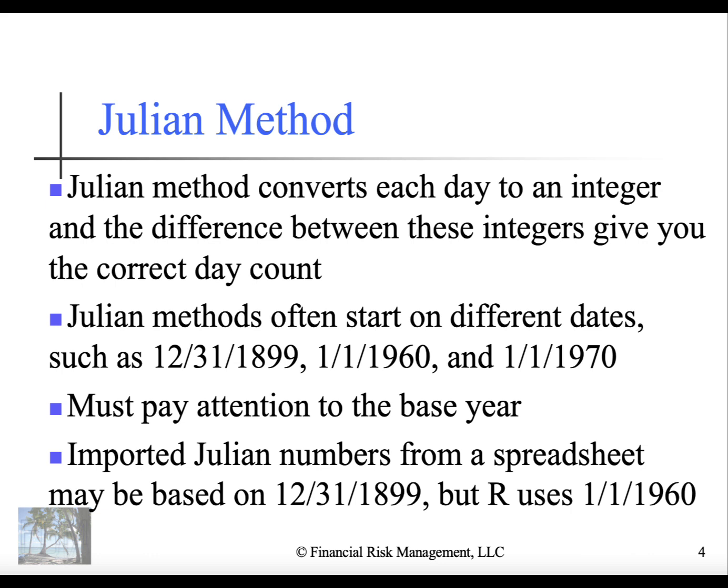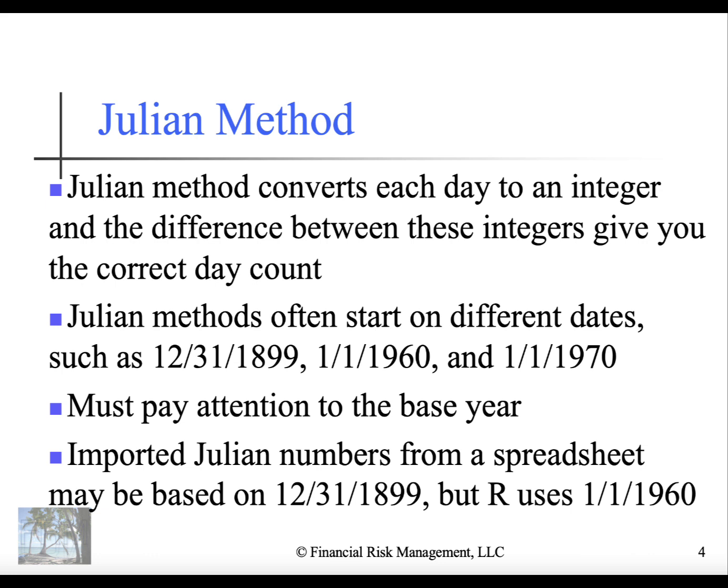At least some versions of them assume the 0 day is December 31st, 1899. Different R packages will assume either January 1st, 1960 or January 1st, 1970. Clearly, if one date is computed based on a base year of January 1st, 1960, and the other date is based on January 1st, 1970, then I'm going to be off by a decade.